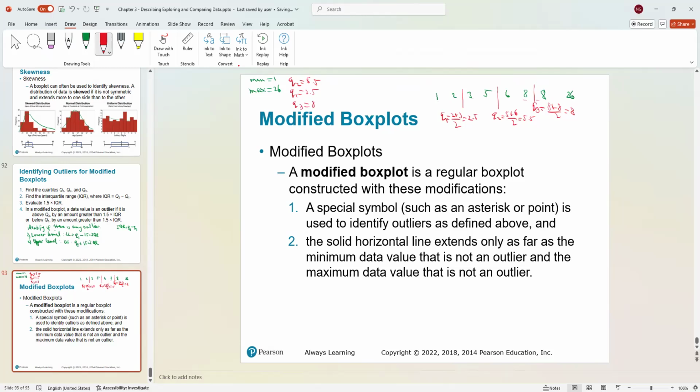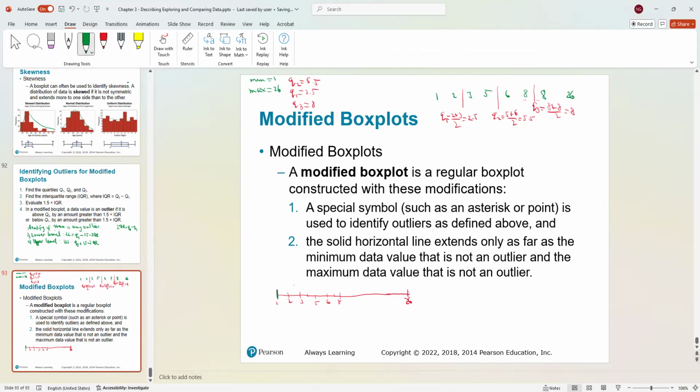Now, a regular box plot would be, remember we have 1, 2, 3, 4, 5, 6, 7, 8, and let's suppose the 26 is right there. If we construct it, 1 would be here.